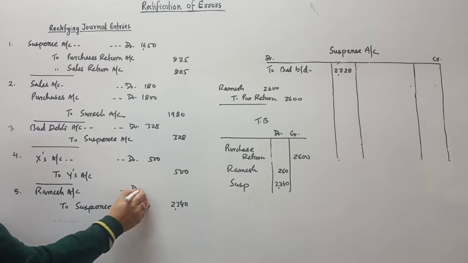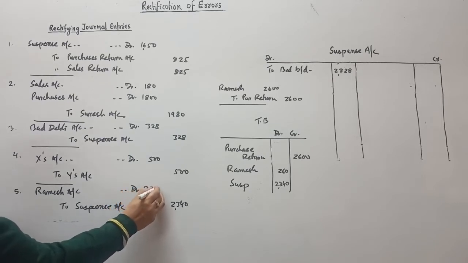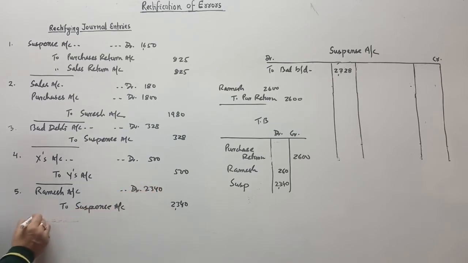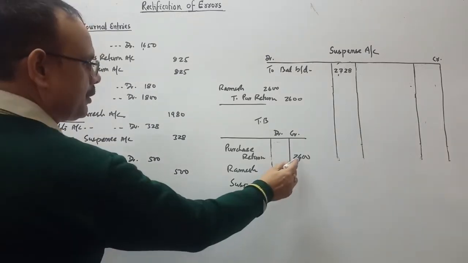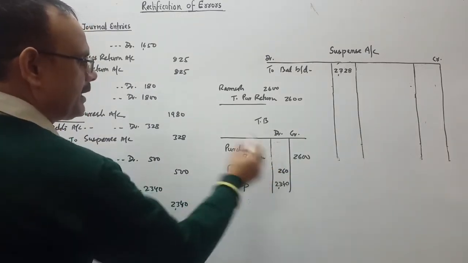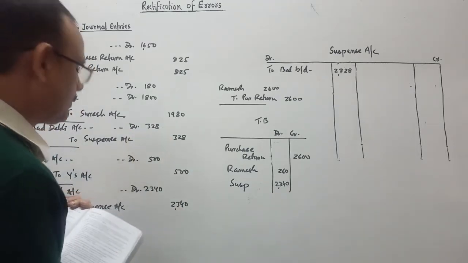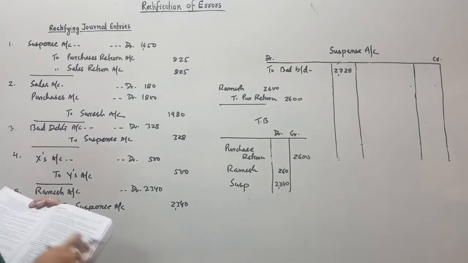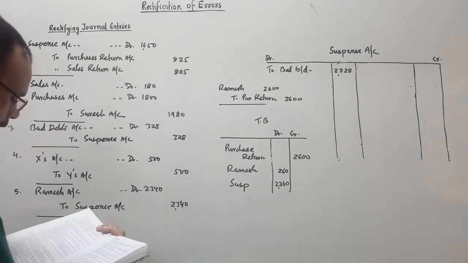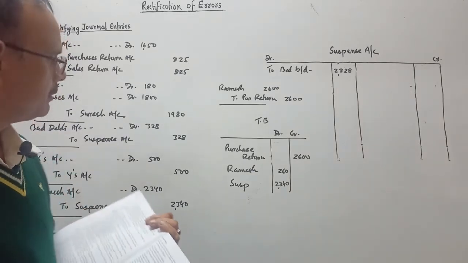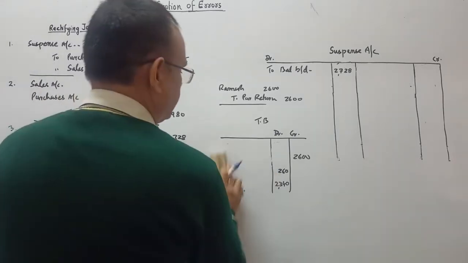How much have you written less? 2340. So debit the Ramesh account by 2340, because instead of 2600 you have debited only this amount. So the rest of the amount you have to debit in the Ramesh account, that is 2340. Now coming to the next error.